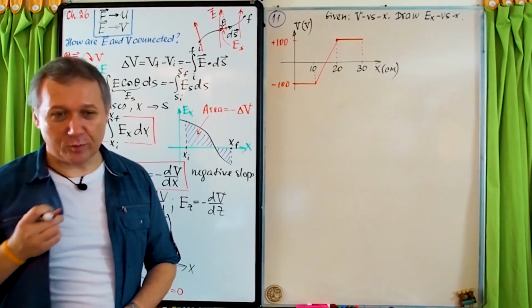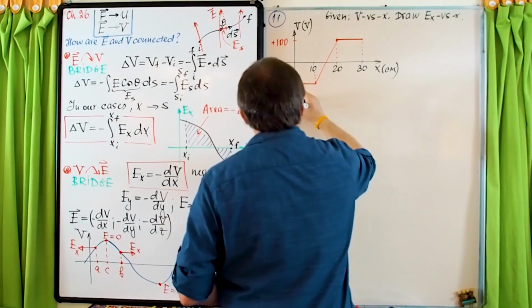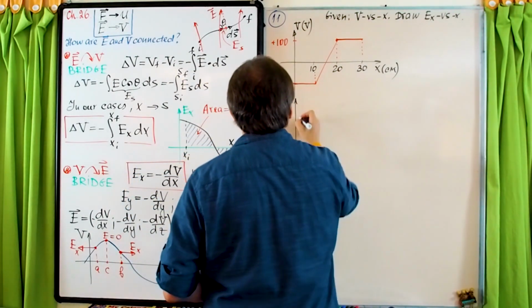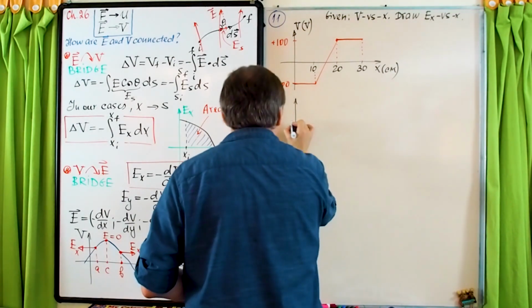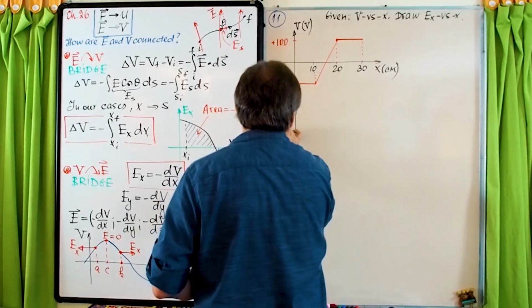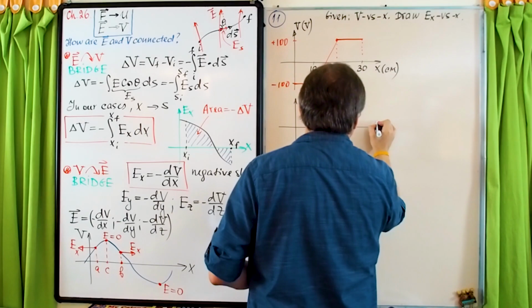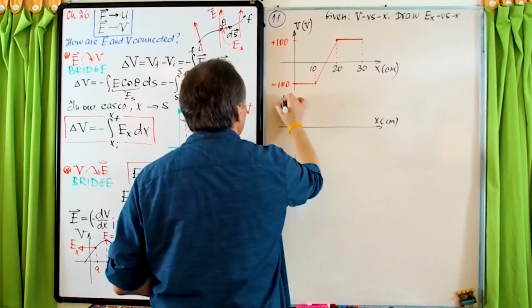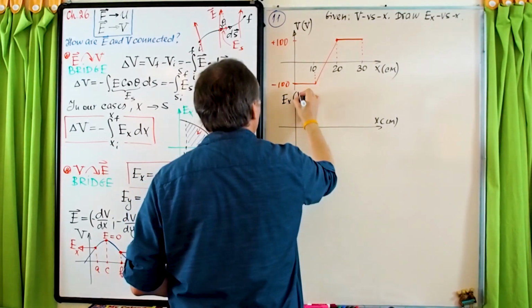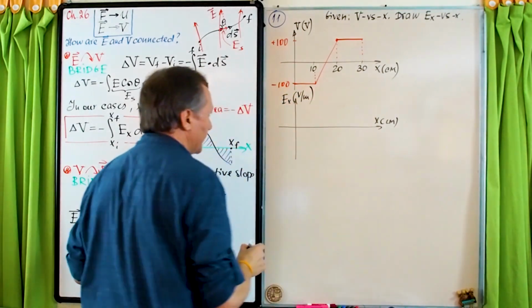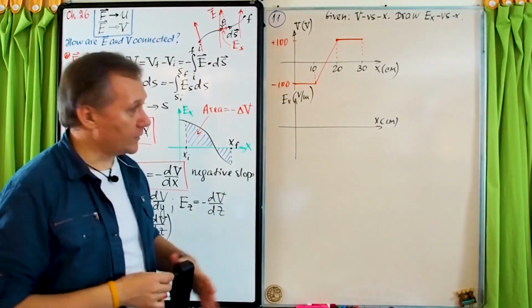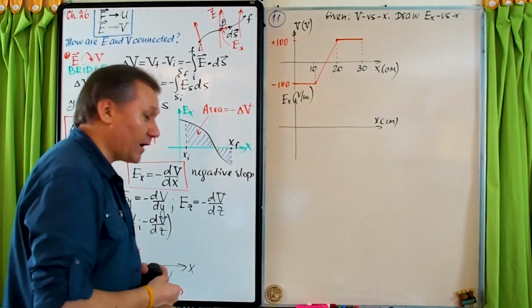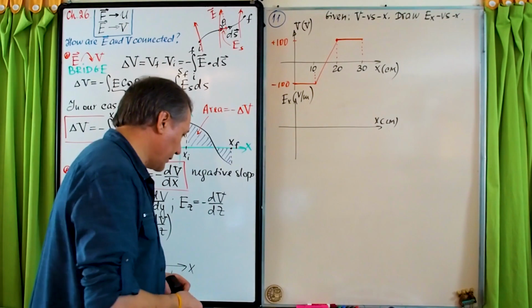Basically, that's what needs to be found. Basically, it's an art problem about drawing. So we need to plot, where this is x in centimeters and this is E sub x, with units of volts per meter. So eventually we'll have to plot over here how the electric field changes with position, with x.